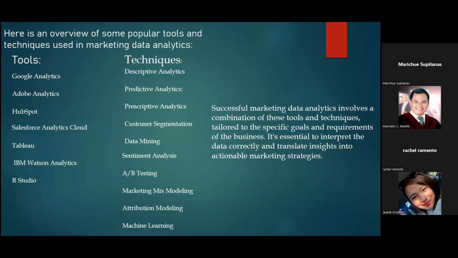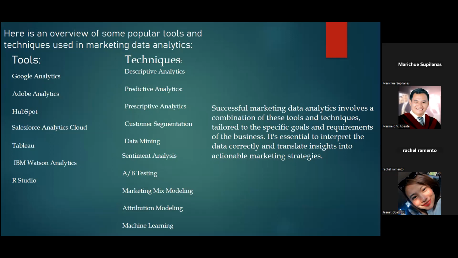For the techniques, we have descriptive analytics. It involves summarizing historical data to understand past trends and make comparisons over time. It includes methods like averages, percentages, and visualizations. Next is predictive analytics, using statistical algorithms and machine learning techniques to identify the likelihood of future outcomes based on historical data.